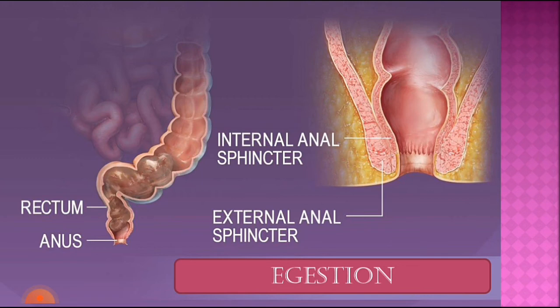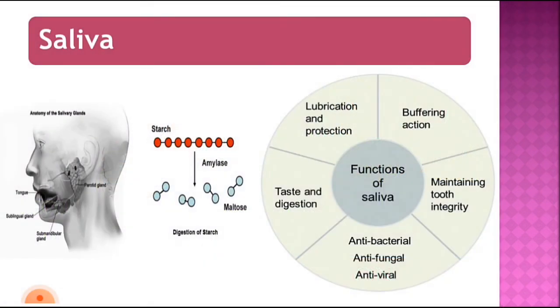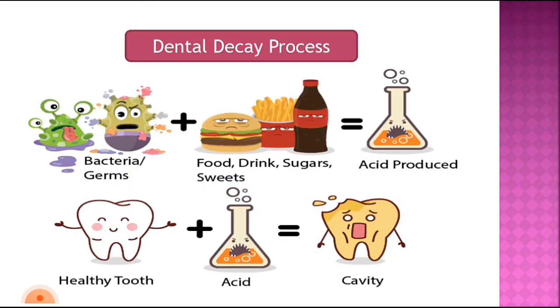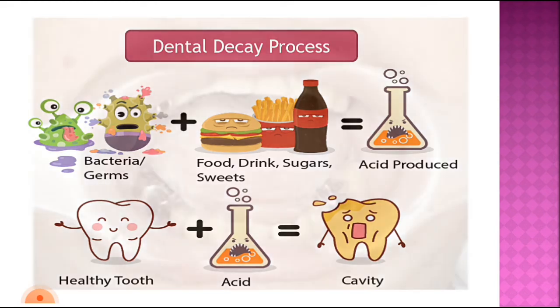The rectum stores the excreta until it is ready to come out through the anus, through anal sphincters, in the process called egestion. Children, we had talked about enzymes present in saliva. Does it have any ill effect on teeth? Saliva contains buffering agents that protect the teeth from decaying. When we eat something sugary, bacteria produce an acid that attacks the enamel of the teeth.